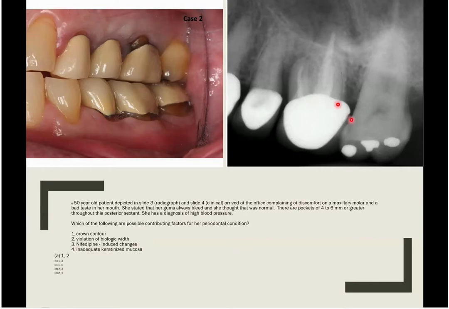But it does appear that this margin is in close proximity to the crest of bone on this side of the crown. So the best choice would be crown contour and violation of biologic width.